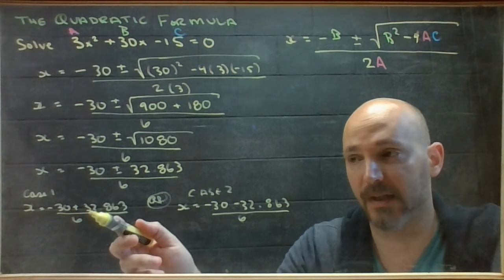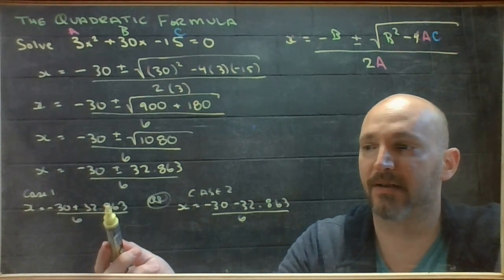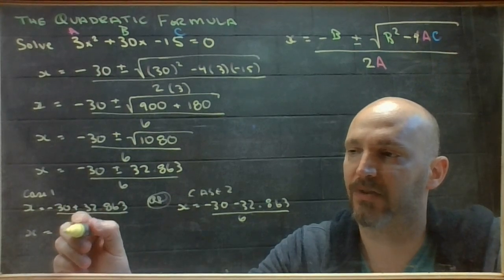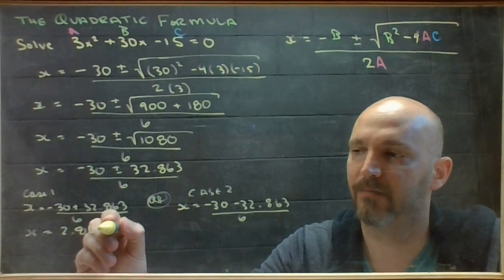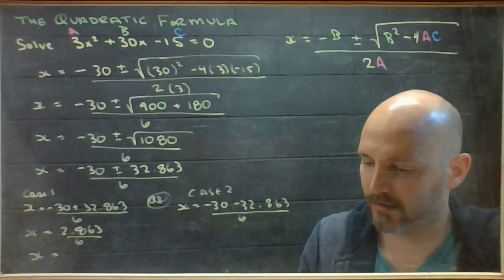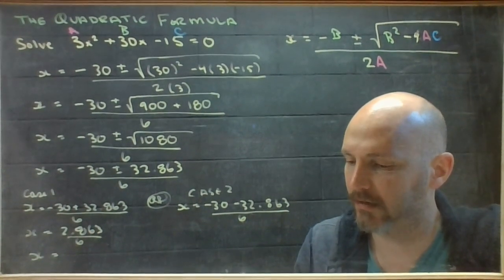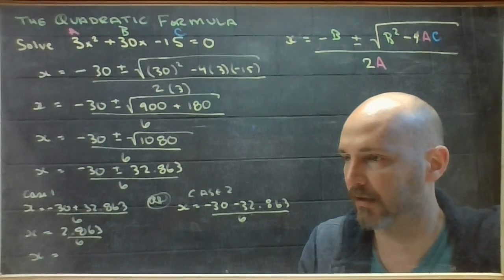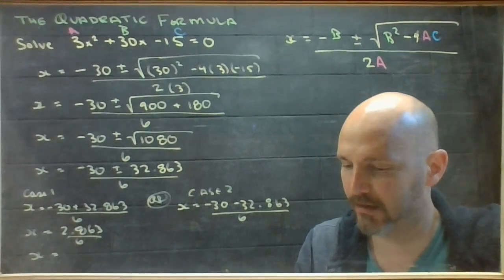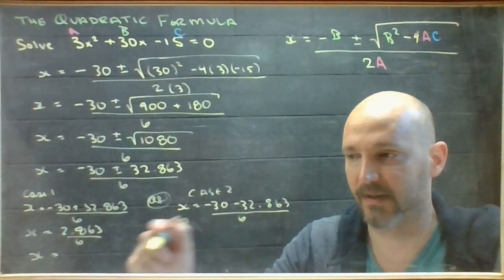So I'm going to do this one first. Negative 30 plus 32.863 would give me 2.863 over 6. And 2.863 divided by 6 is 0.477.